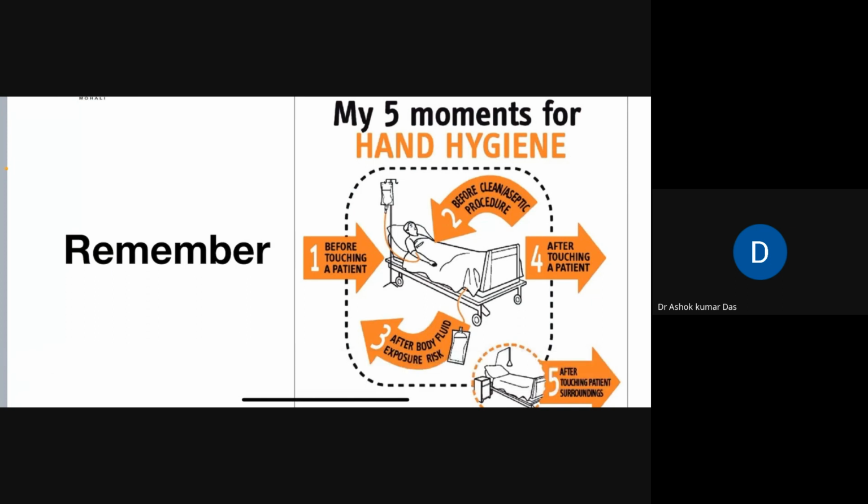Sometimes when they see that the ICN is observing them, they try to follow all the steps. But there could be times when, because of overwork, they try to skip sometimes. That is why only together can we achieve the target which we want, the IPC target.